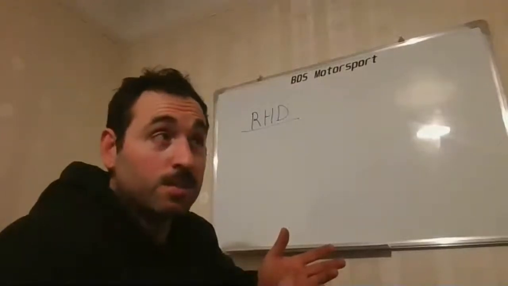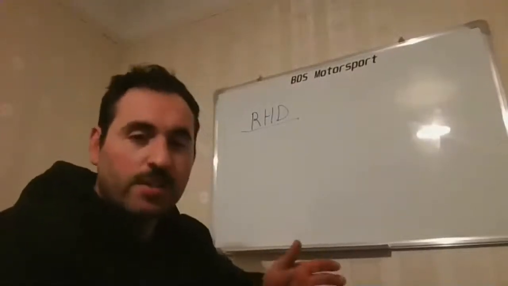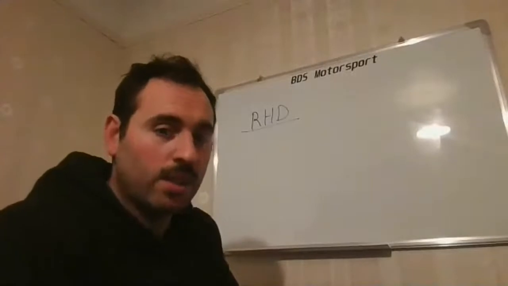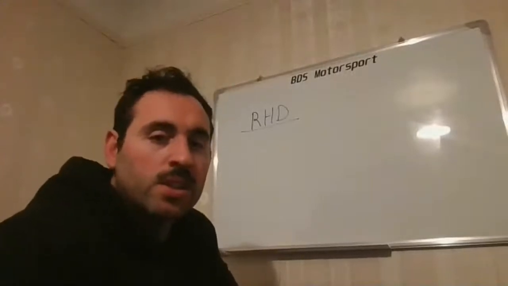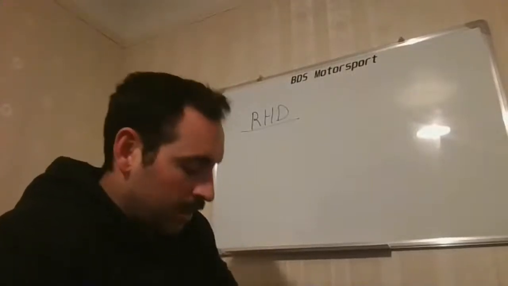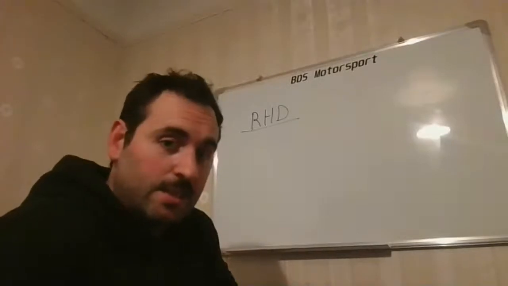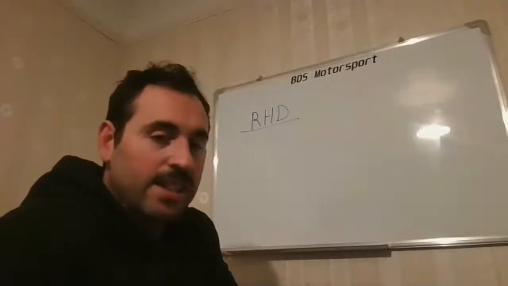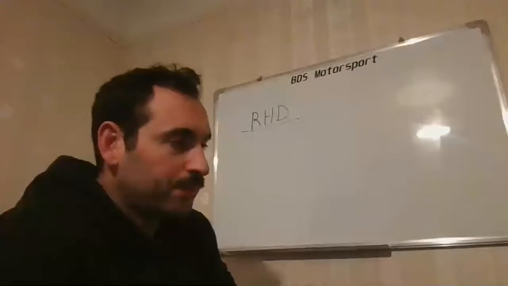Sorry, I know I lost myself. On the manifold, first I have to see the CFM I need to have. Then I know the runner diameter I need to select. Then comes the other side, which is the hardest part, which is the length of it. How long does it have to be?